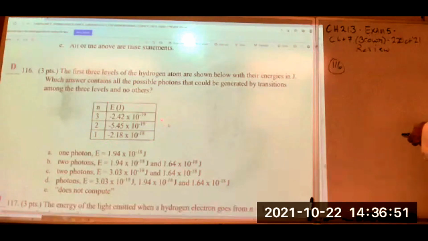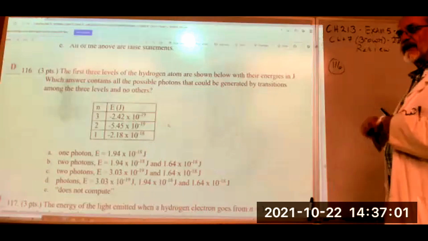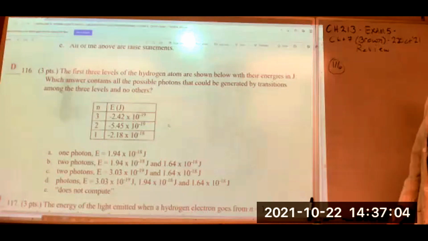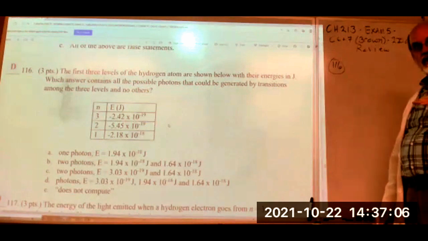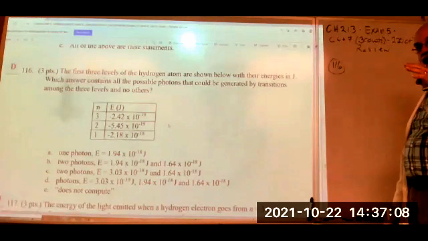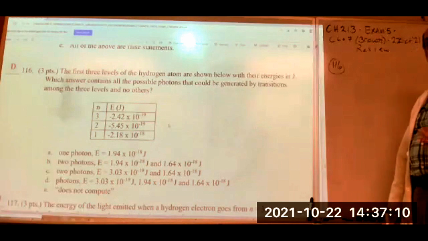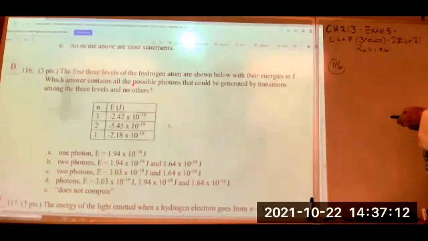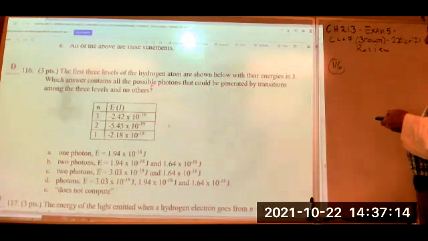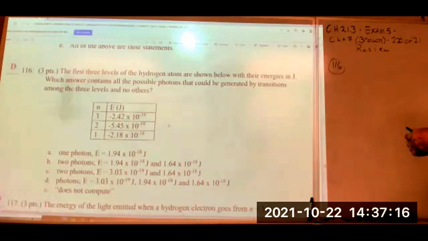Just the transitions among these levels. Photons that could be generated, so we're saying that can be emitted. The electron has to move from a higher energy to a lower energy. Lower to higher would absorb. We want to generate photons, so we've got to go from high to low.